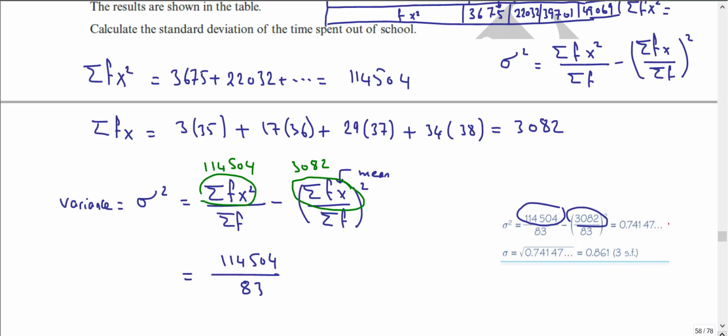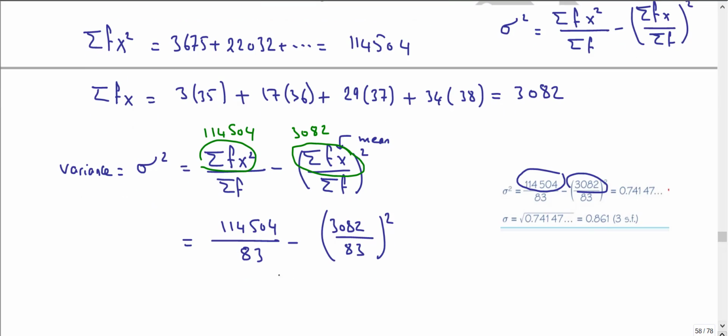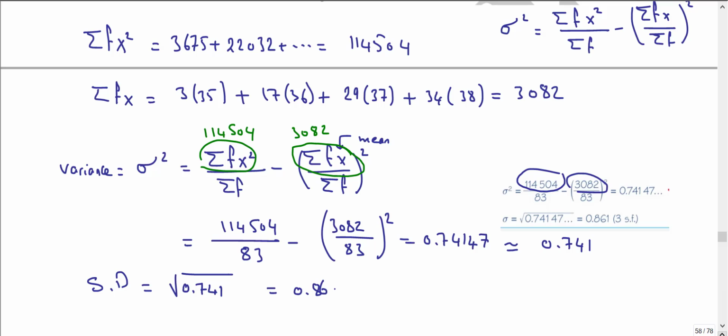So you divide by 83, and then you do 3082 divide 83 and square it. On the calculator you should get 0.74147, so about 0.741 to three significant figures, and the standard deviation is the root of this value, which is 0.8661.